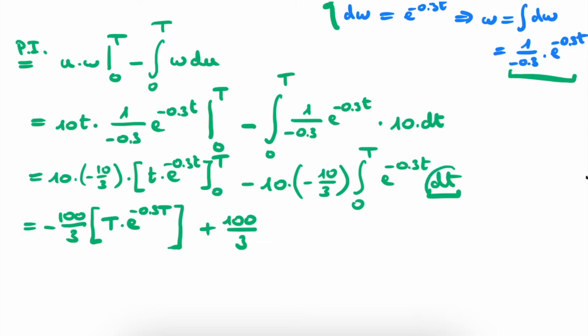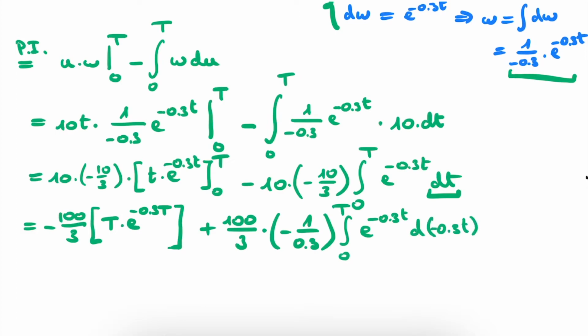However, multiplying this dt with minus 0.3 means that we have to divide it also in front of the integral. So we divide by minus 0.3. And this integral then simply becomes from 0 to t e to the power of minus 0.3t times d of minus 0.3t. And this now basically simply is the integral of an exponent.